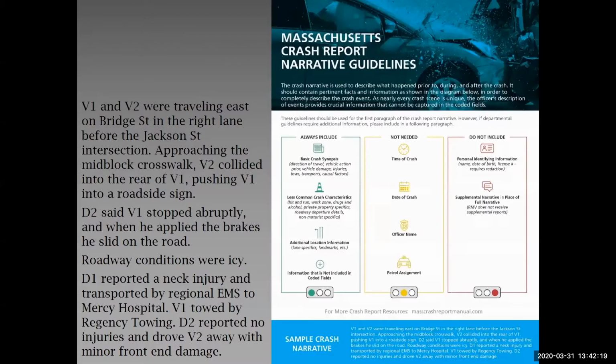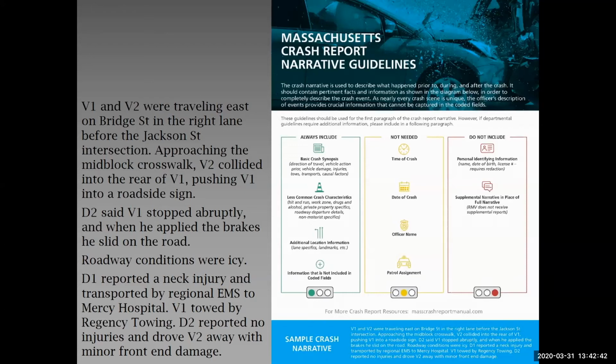So as you know, the crash narrative is used to describe the crash and really describe anything that's unusual about the crash that's different than what an officer can include in the coded fields. And that's the idea behind these guidelines. On this slide, you can see a sample of a crash narrative that includes the information listed here.